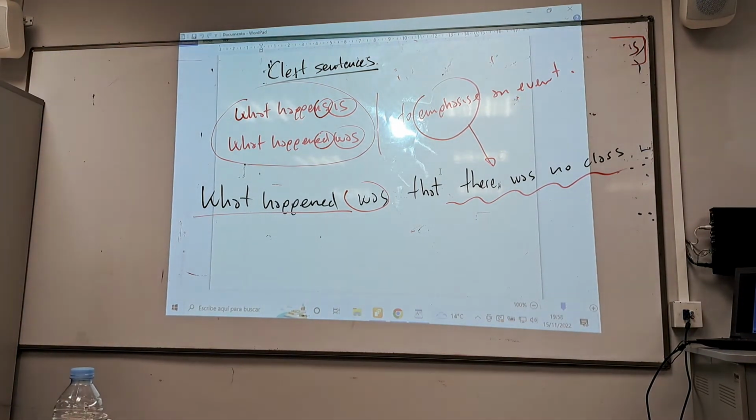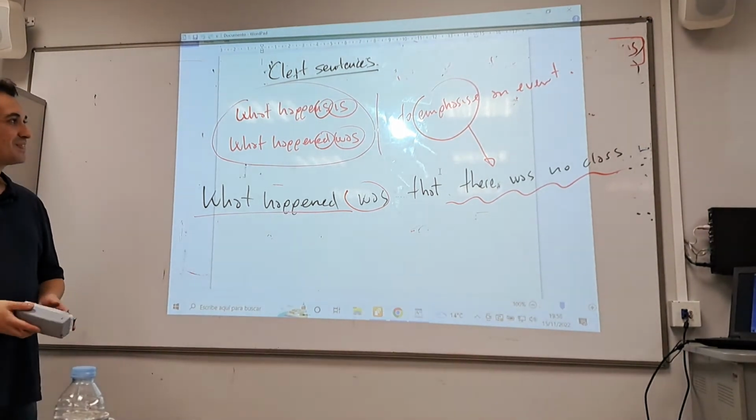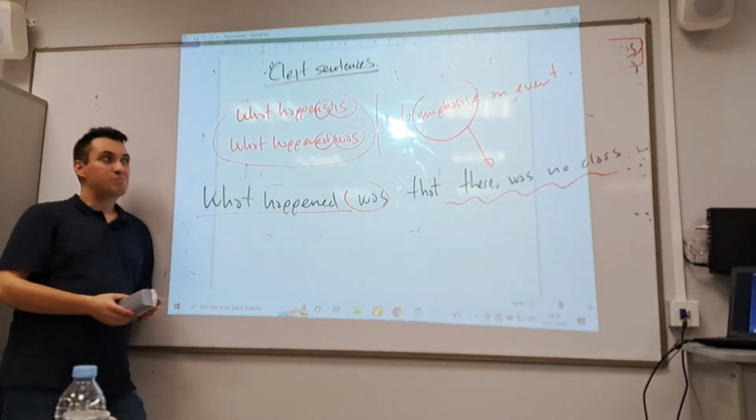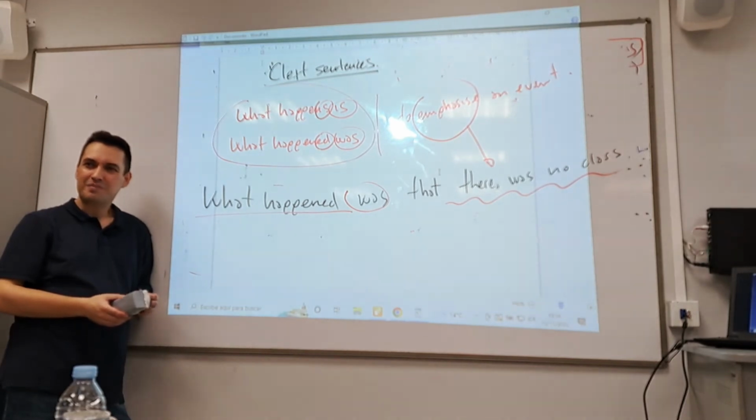Yes, Jose? What happened is... what will happen. Can you say, the inversion is weird. What will happen will be sounds weird to me. I would say what will happen is.